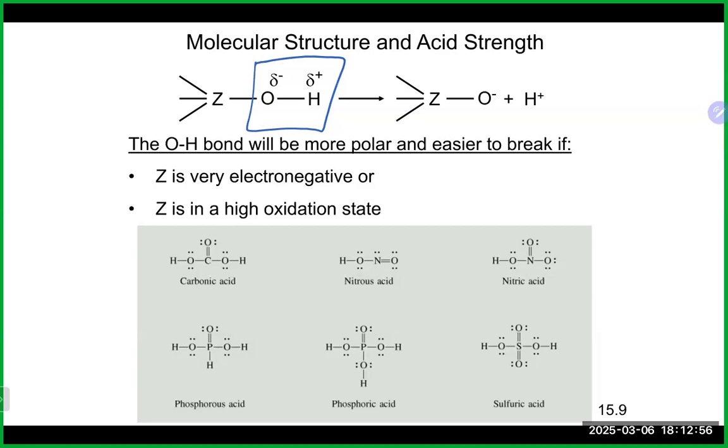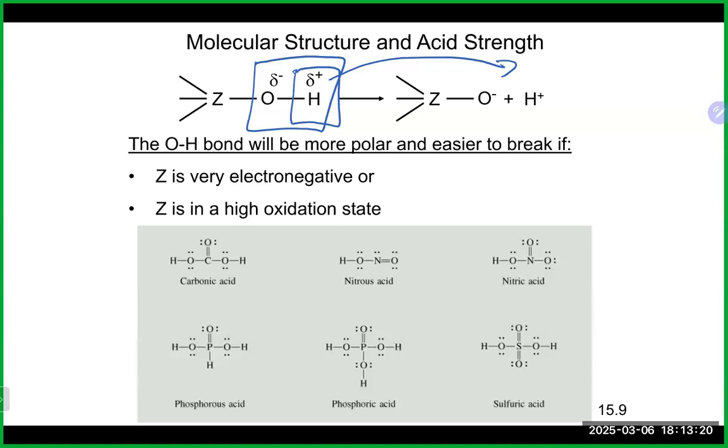So the oxygen is more negative and the hydrogen is more positive. So to begin with, we are starting with this bond where the hydrogen's going to try to come off. And it's already sort of weakened because they are sharing those electrons unequally, right? The electrons at this point are heading towards the oxygen, which means the hydrogen is just kind of hanging on there.